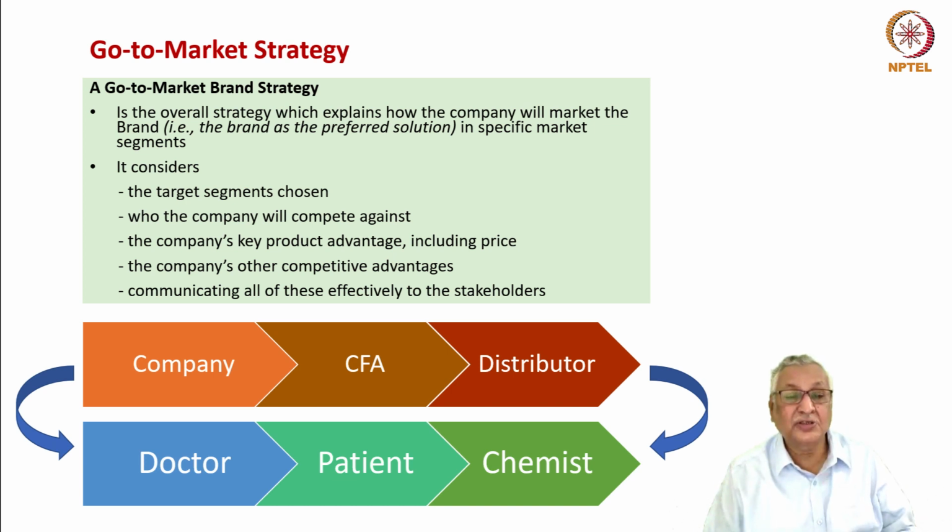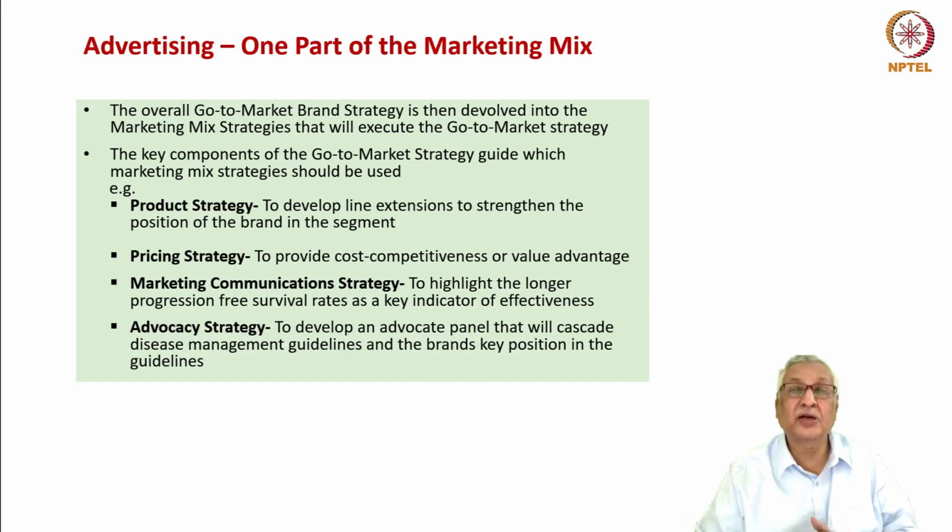There are two value chains: company, CFA, and distributor; and doctor, patient, chemist. How to make this entire two-part value chain work together to ensure that the supplied product is prescribed properly and is available at the chemist's location. That is the challenge in go-to-market.